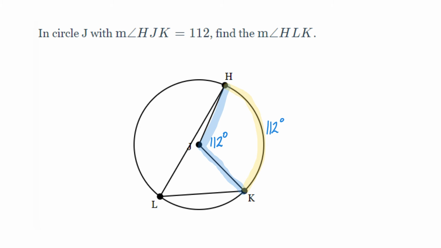And then we see we have an inscribed angle, angle L here, and as we follow the secant lines that create this, it touches arc H to K, which is the same amount as the central angle. But remember, the inscribed angle is not equal to, but half of this measurement. So what we would have is a 56-degree angle for HLK.